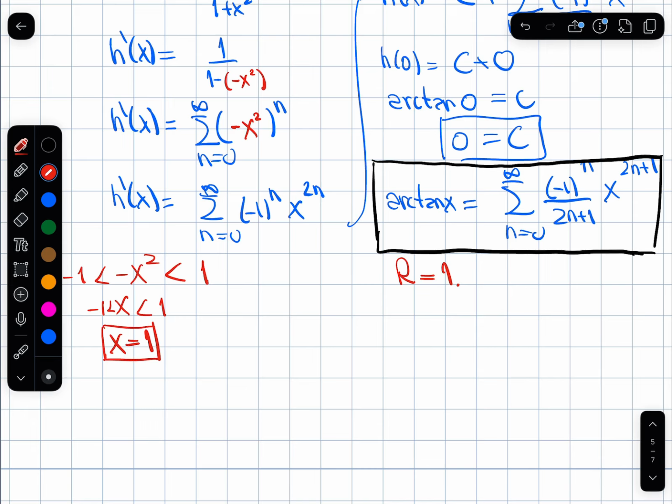x equals 1 gives you the sum n equals 0 to infinity of minus 1 to the power n, x to the power, so x is going to be 1, so it's not going to make a difference. If you take b_n equals 1 over 2n plus 1 like so, again the alternating series test.